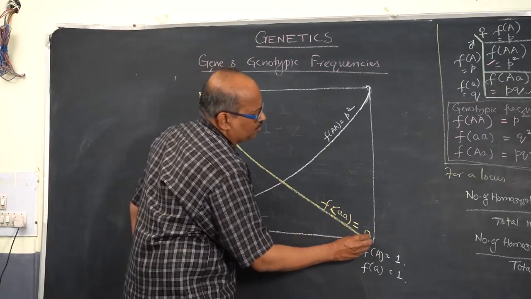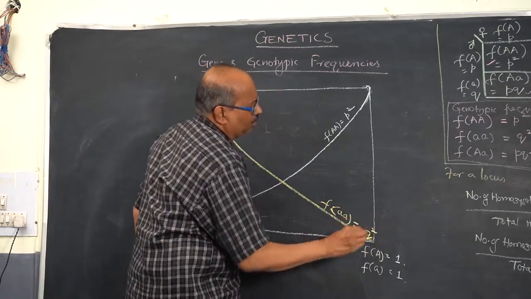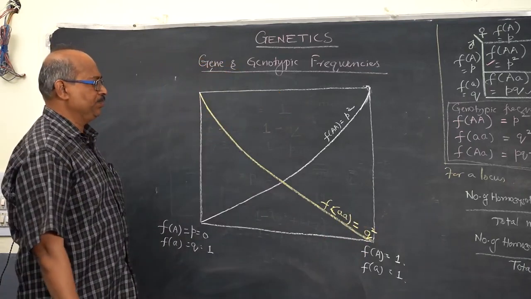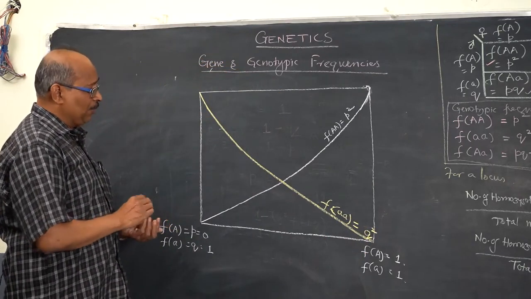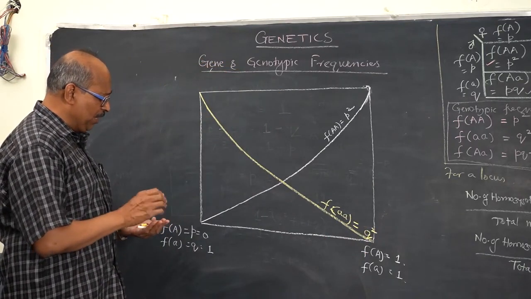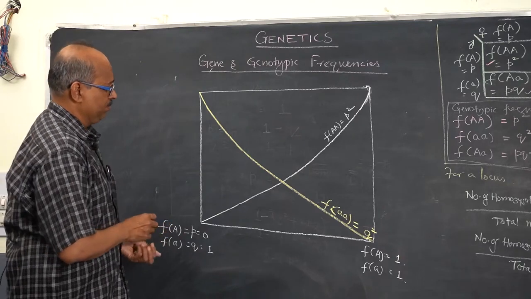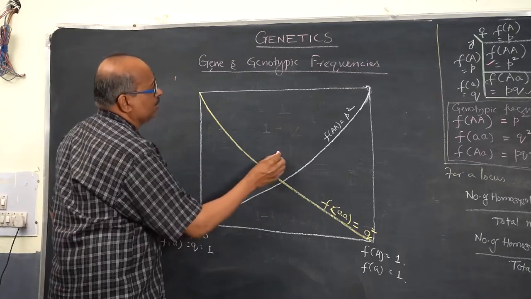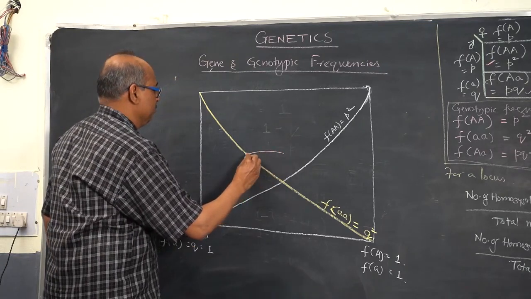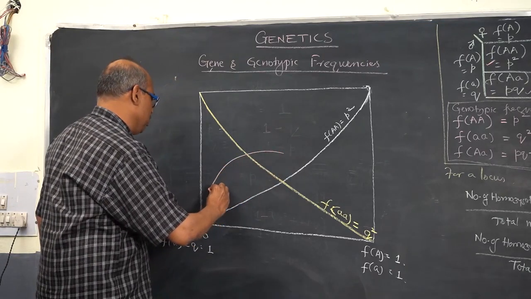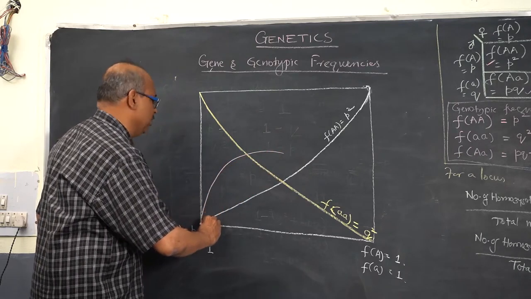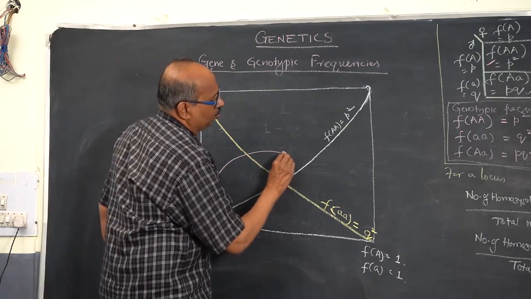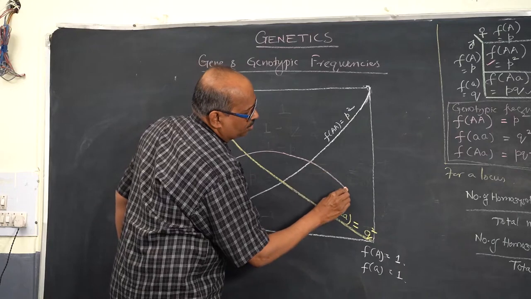So in terms of factor we give Q square. Then what about the frequency of heterozygotes? So let us say this is a 50% mark. This is what happens to your frequency of heterozygotes.